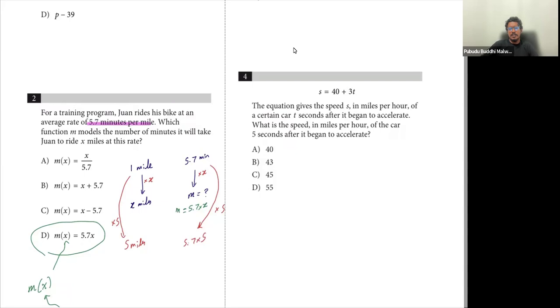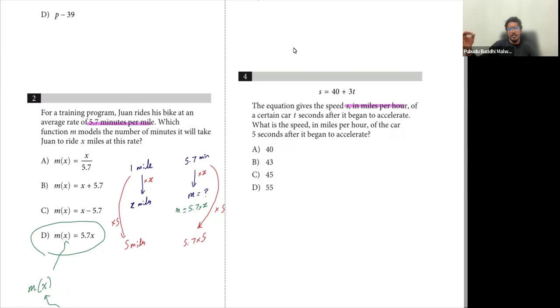That's not difficult, I think. So here, S in miles per hour of a certain car, T seconds after it began to accelerate.